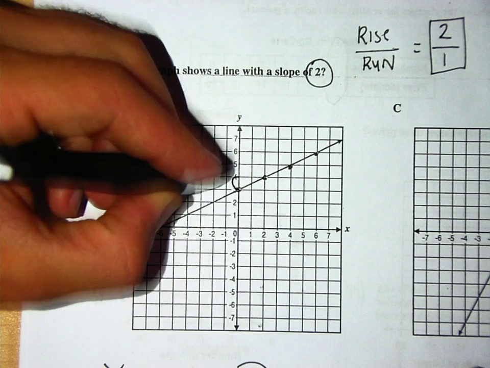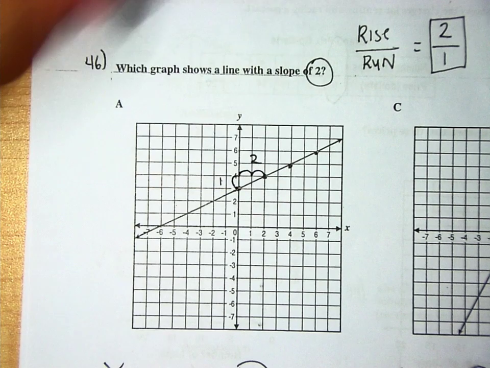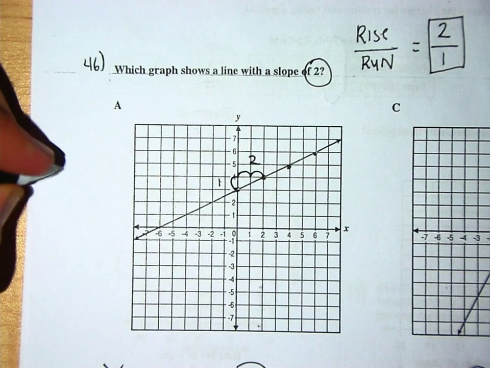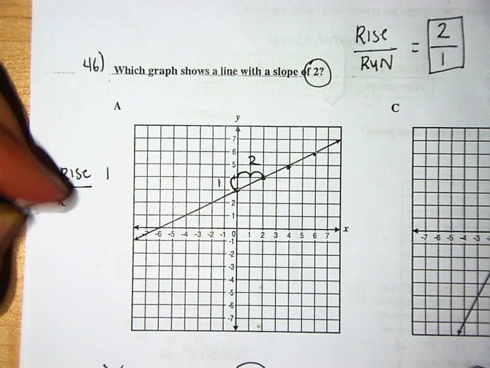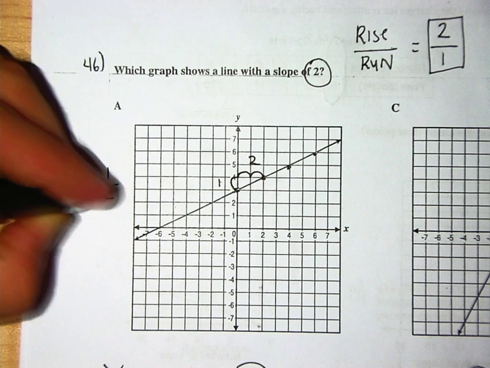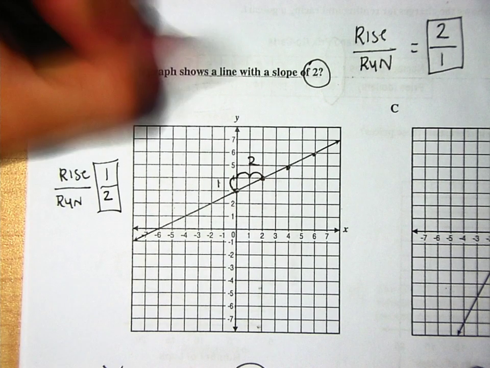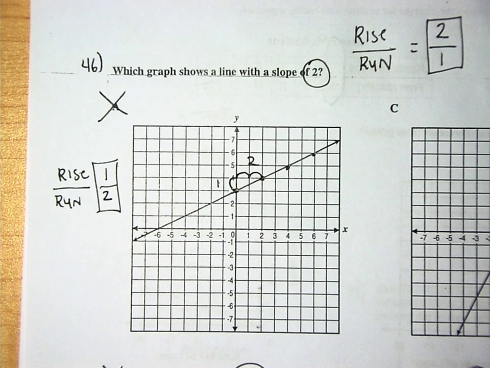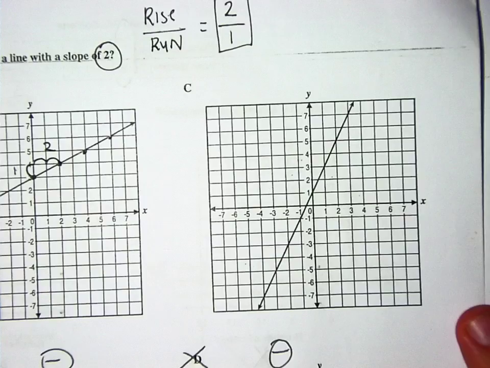I want to find the rise, which is 1, and the run, which is 2. So this graph, with a rise of 1 and a run of 2, has a slope of 1/2. But I don't want a slope of 1/2, so it can't be A. So the only option left over has to be option C.